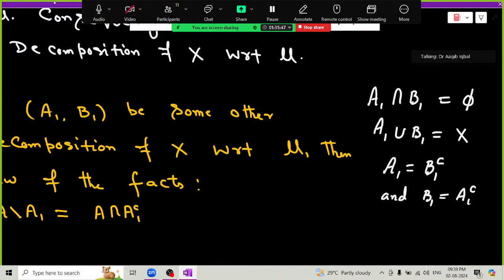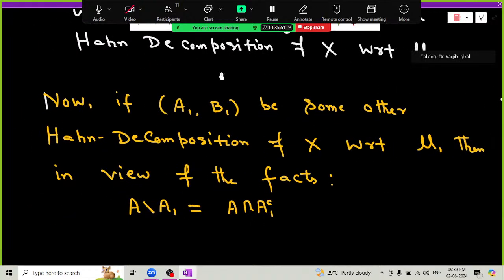What is this? This is A intersected with A1 complement.